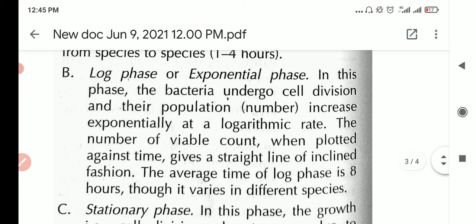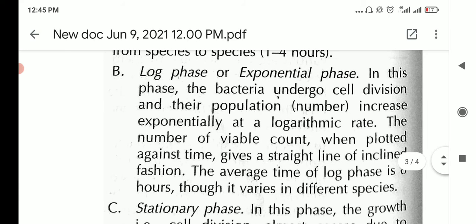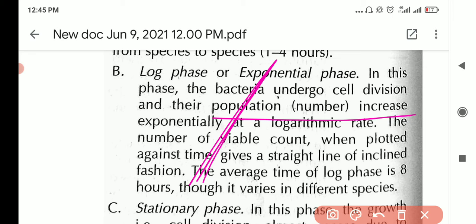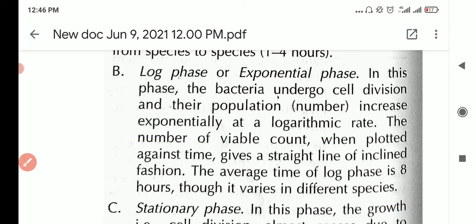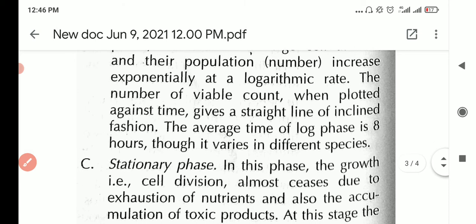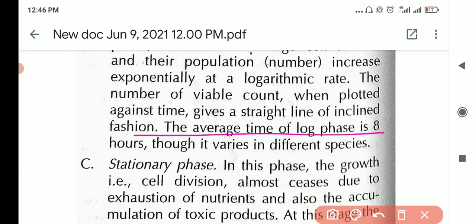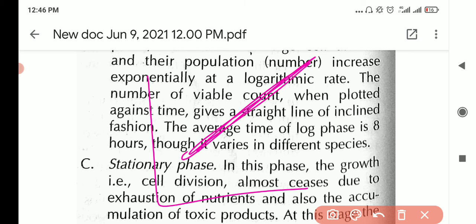In this phase, the bacteria will undergo cell division and their population number will increase exponentially, at a logarithmic rate, meaning from 2 to 4, 4 to 8. When we plot a graph, it will give us an inclined slope, because they are increasing at a very quick rate.